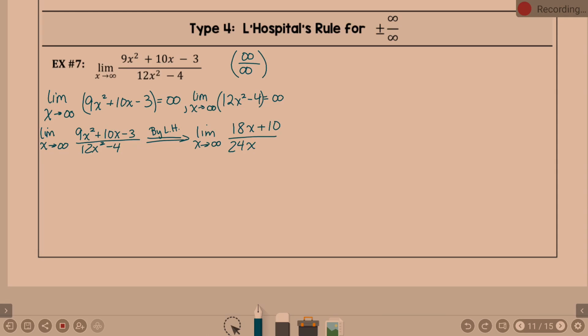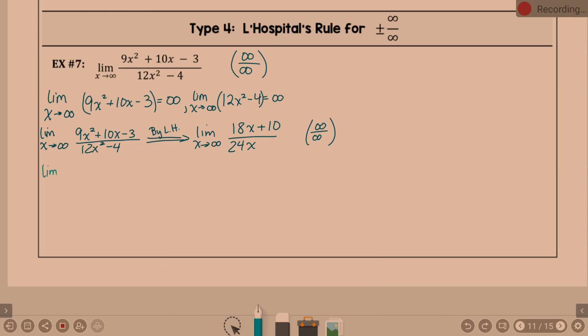What's going on here? Infinity over infinity, with 18 over 24. It's 18 times infinity plus 10 over 24 times infinity. Remember, infinity is not a number; it's the idea that those are approaching infinity. So what do we do now? Restate it officially.